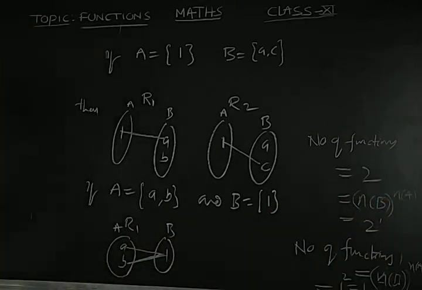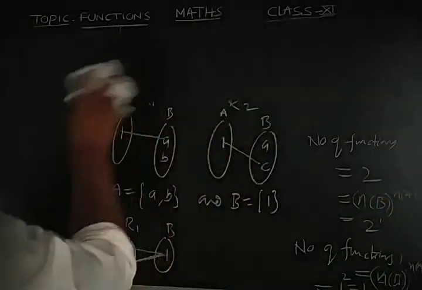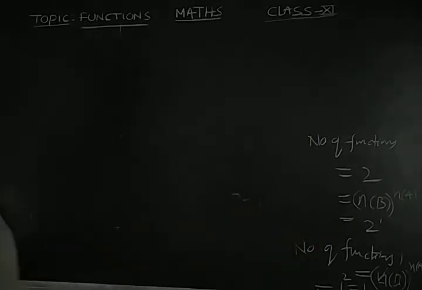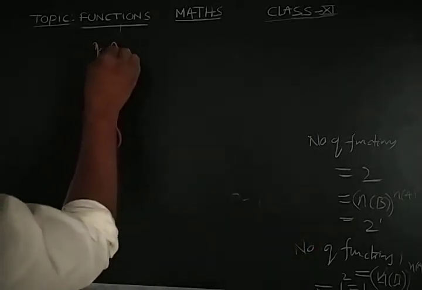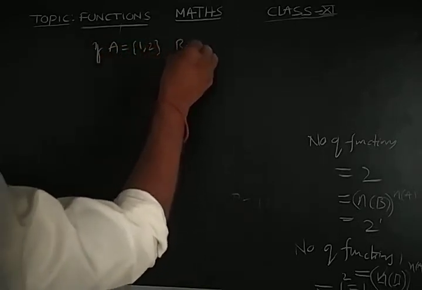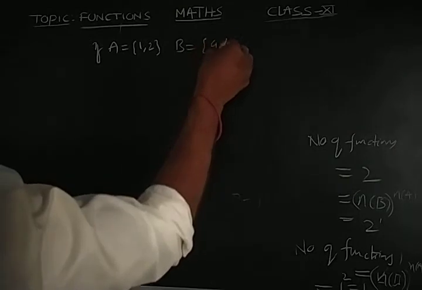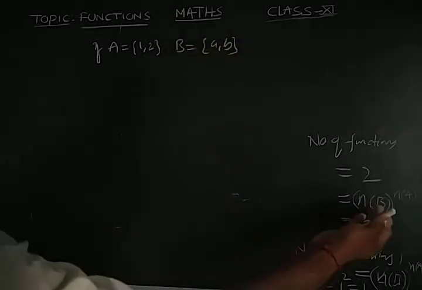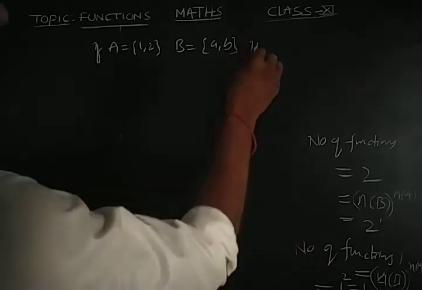Let me explain one more example. Suppose A has 2 elements, 1 comma 2, and B also has 2 elements, A comma B. Now I am going to find the number of functions. Using the formula you can directly find the number of functions.